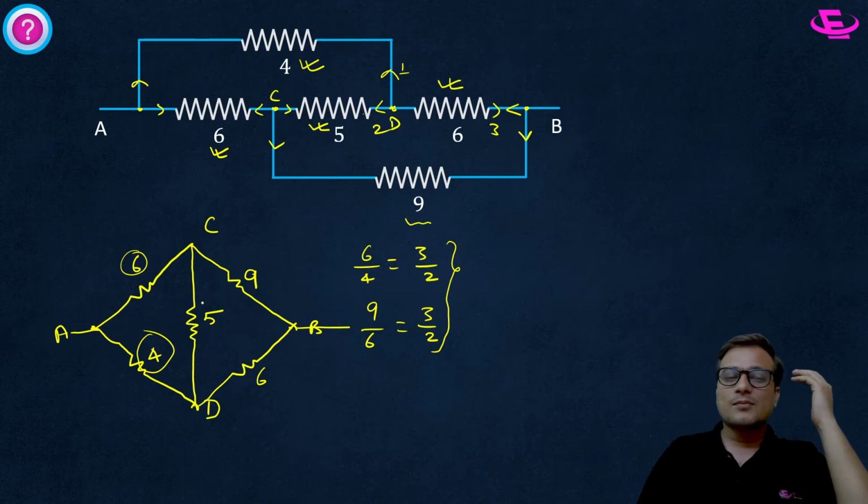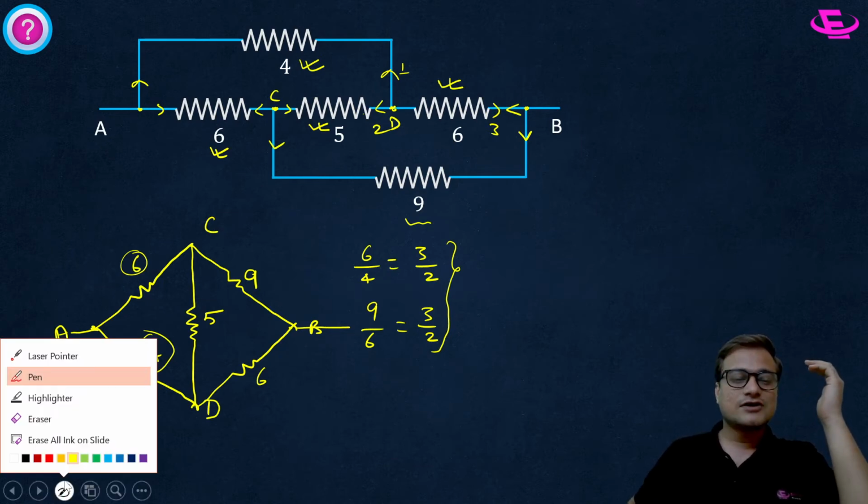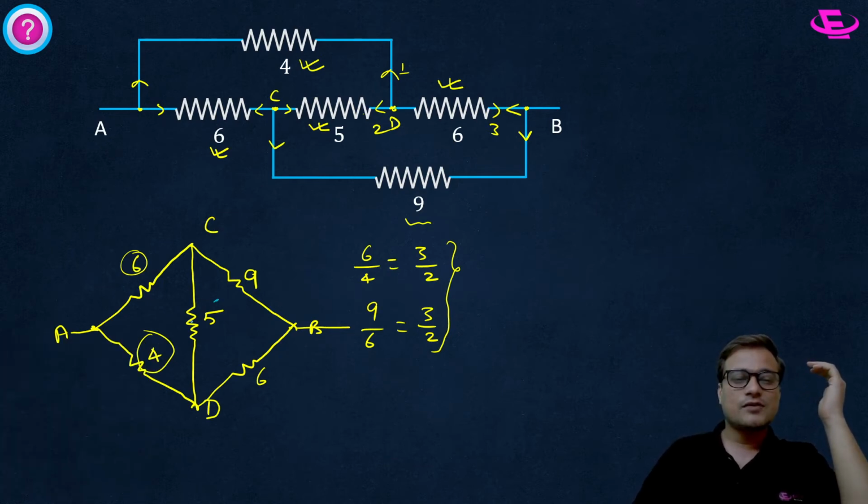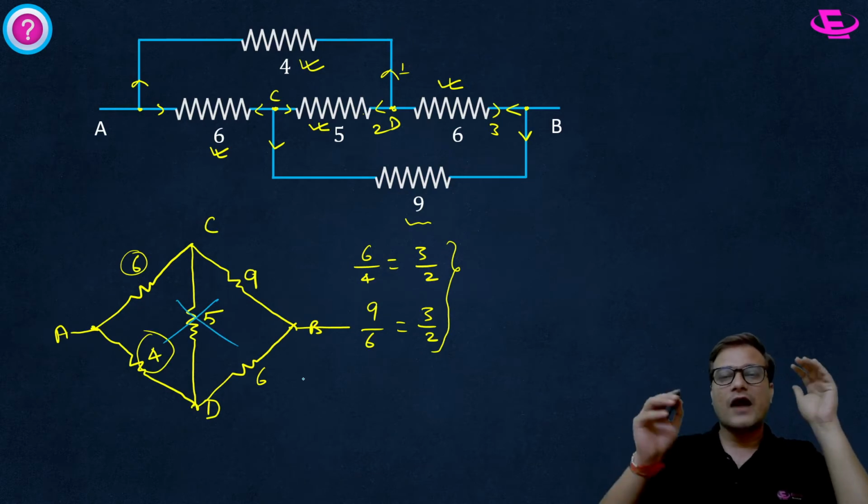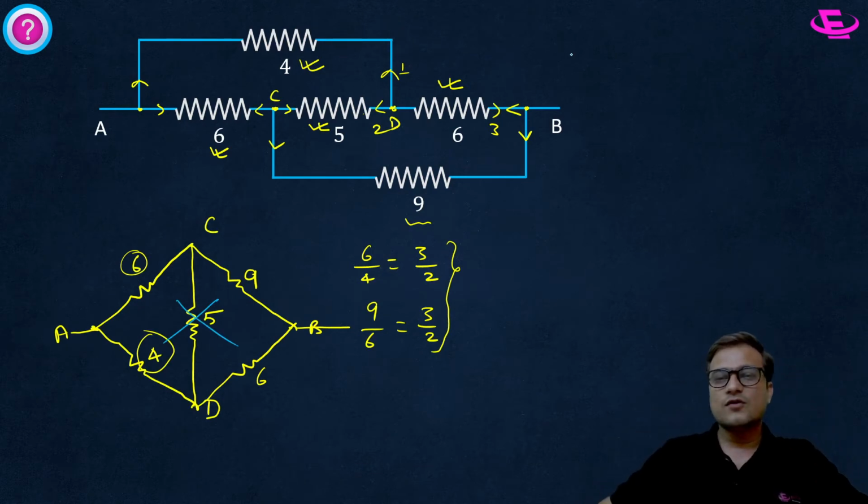The moment you get a balanced Wheatstone bridge, what is your next step? Next step, you will directly remove the 5 ohm resistor. Once you remove the 5 ohm resistor, then RAB, that means equivalent resistance, you can easily write. Upper part is 6 plus 9 in series. So 6 plus 9.